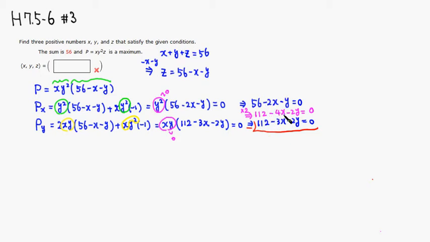Negative 4x minus negative 3x would be negative x. Negative 2y minus negative 2y is 0. So x is going to be 0. But I guess that can't be it. I did something wrong here.